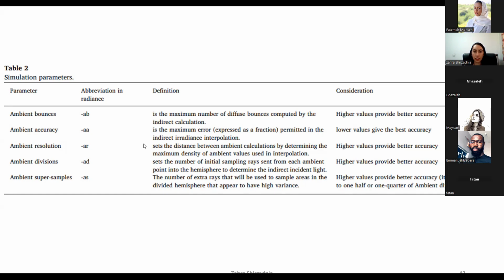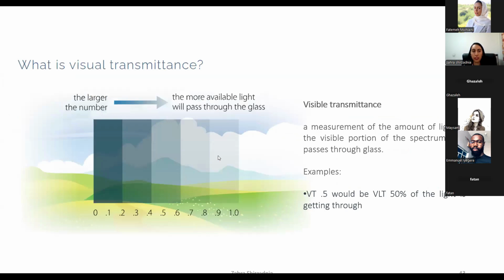And ambient resolution assesses the distance between ambient calculations, determining the maximum density of ambient values used in the interpolation. And if you use higher values, it provides better accuracy. And respectively, you can study these parameters from the Harvard Facade papers. It is so popular in the world of research and academia. So it's time we go to the next one.